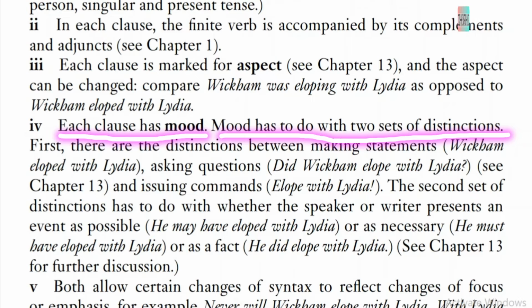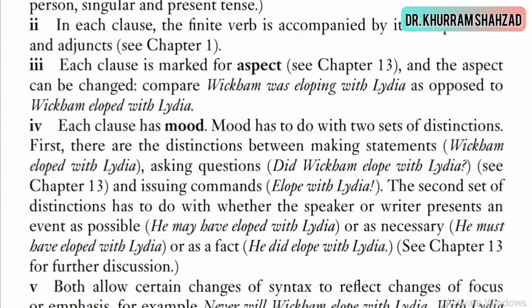And the second set of distinctions has to do with whether the speaker or the writer is expressing possibility: You may leave. Vikram may elope with Lydia. Or necessity: you must work hard, you have to complete this assignment.